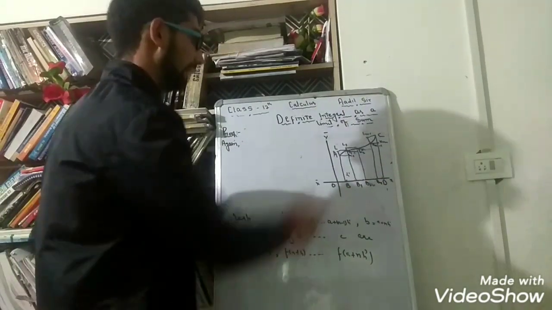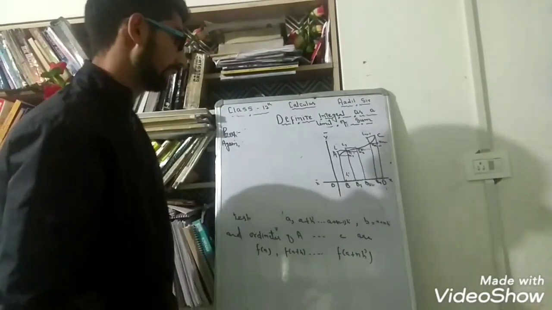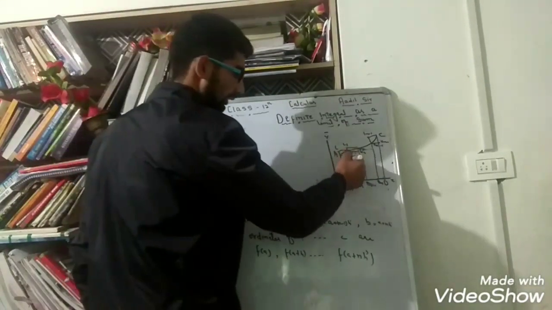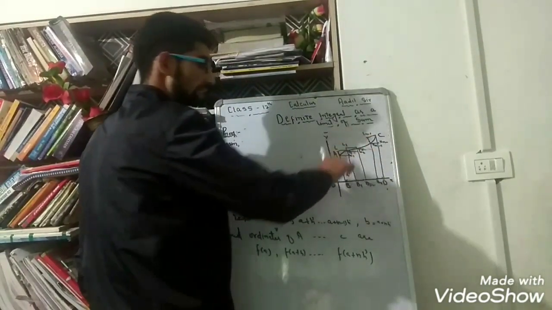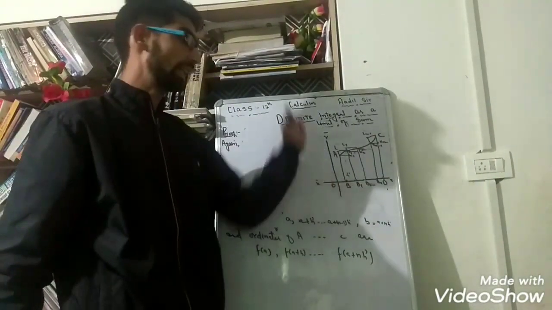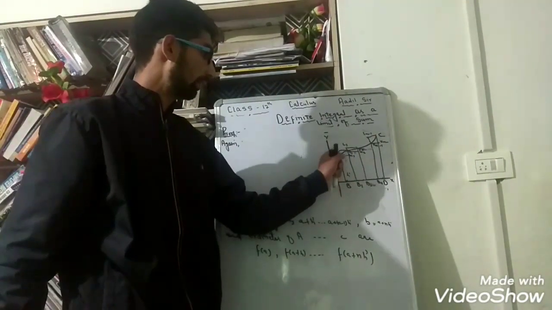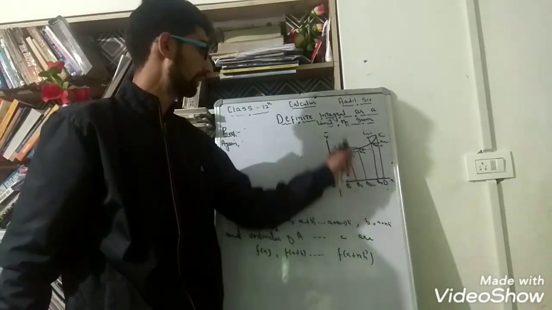So the area of the rectangles and this curve is clearly less than the area under this curve, but that is also less than the area of the extended rectangles L B B1 L1.